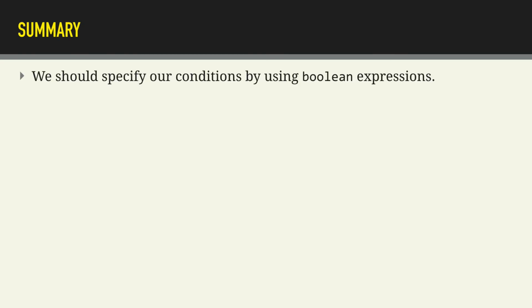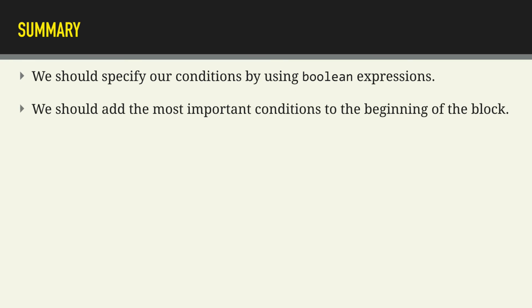1. We should specify our conditions by using Boolean expressions in the then or expect block. 2. We should add the most important conditions to the beginning of the then or expect block. 3.